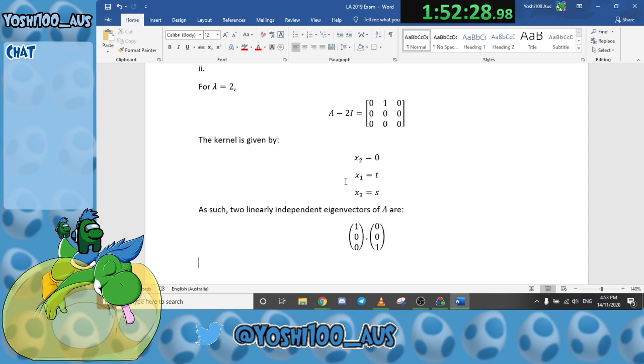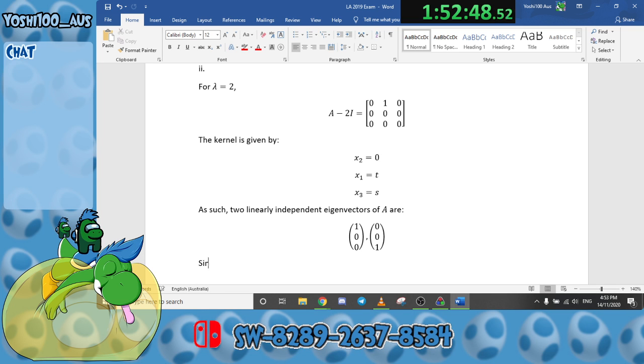Is it just because the dimension of the kernel is 2, so there are only 2?